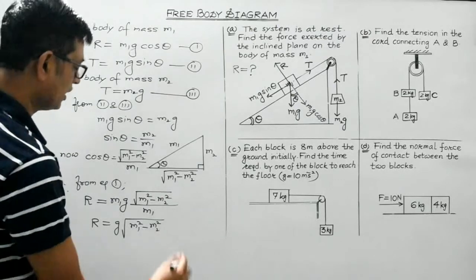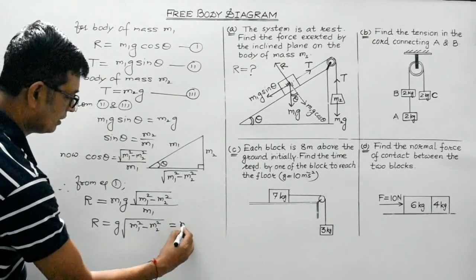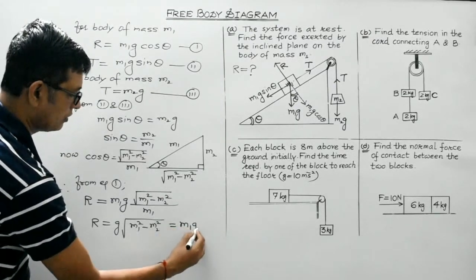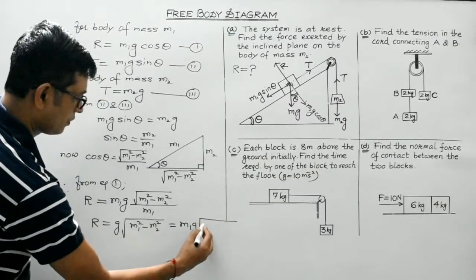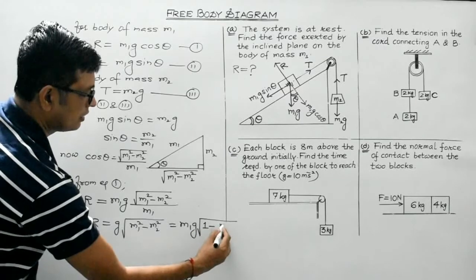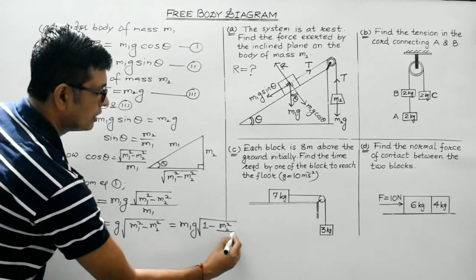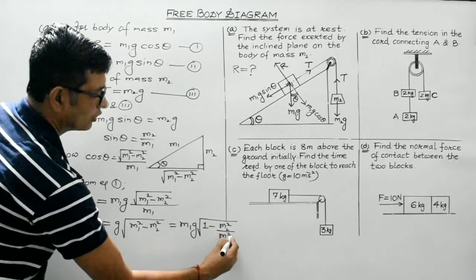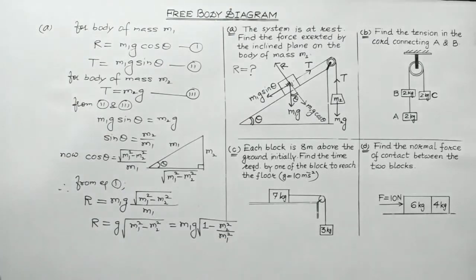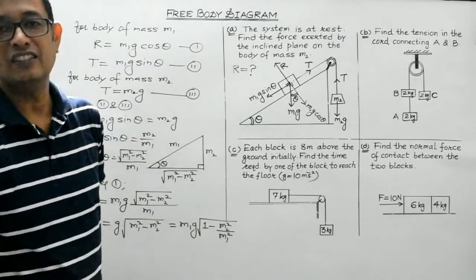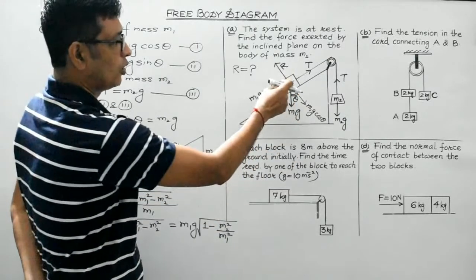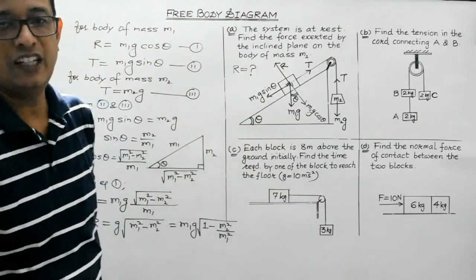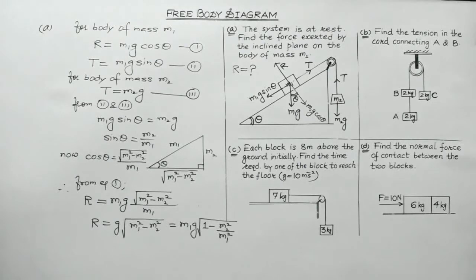Right, students? Or it may also be written as m1g square root of 1 minus m2 square divided by m1 square. So students, this is the answer. This is the force exerted by the inclined plane on the body of mass m1. Right? So let's proceed with the next question then.